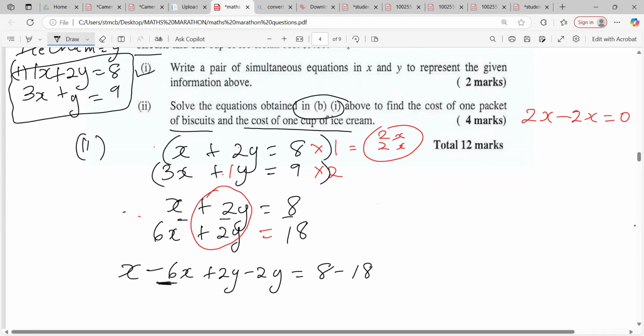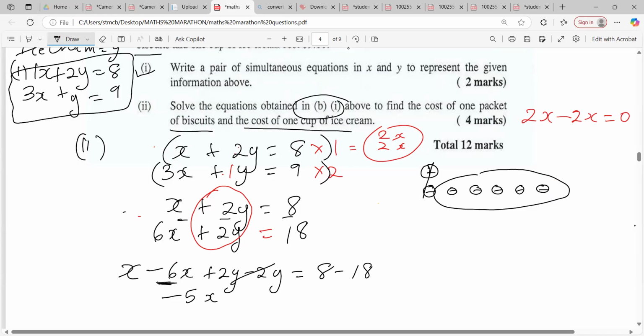So think of it this way. If you have 1x positive and you have 6 negatives: 1, 2, 3, 4, 5, 6. Positive cancels negative, 5 leave, right? Well, guess what? They're all negative. So this would be minus 5x. This cannot be 0. We established that already, right? Because we eliminated the y.